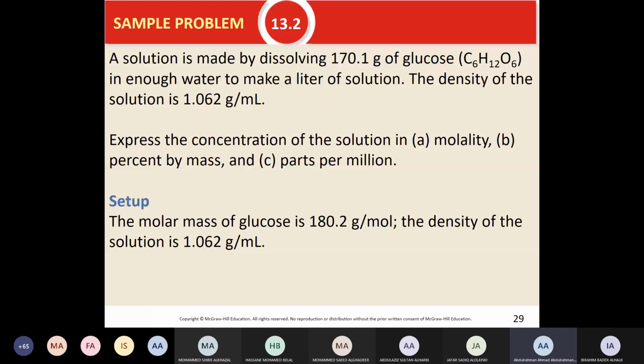Let's solve this problem. A solution is made by dissolving 170 grams of glucose in enough water to make 1 liter of solution. Can you calculate the molarity first? Let me help you. The molar mass of glucose, C6H12O6, is 180.2.